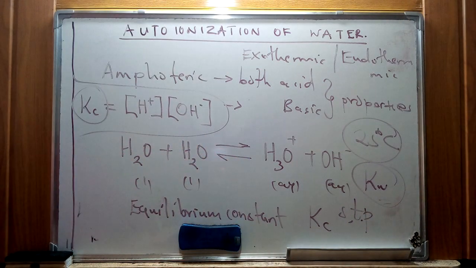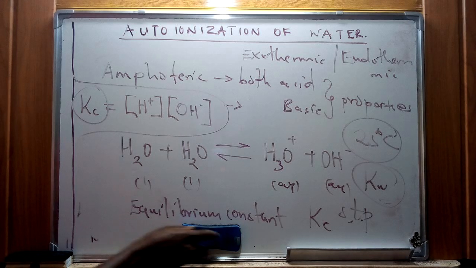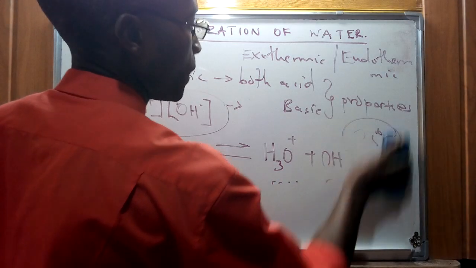So from this particular point, we're going to look at specific illustrations for the concept of Kw at 25 degrees centigrade, and this is going to have a particular value.